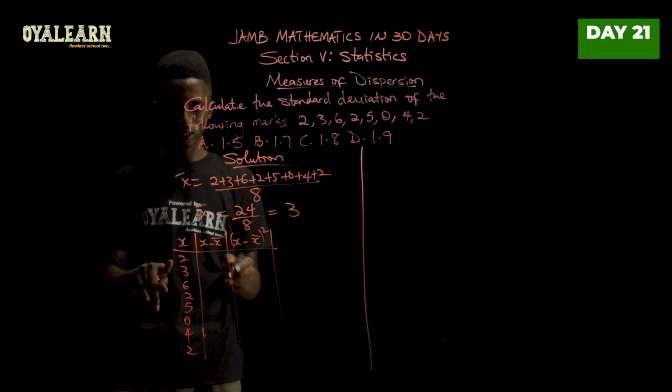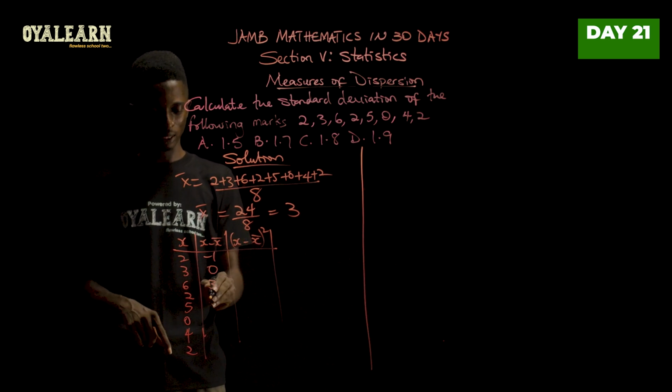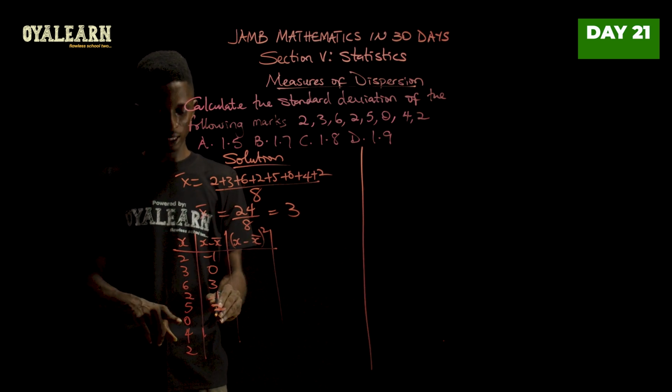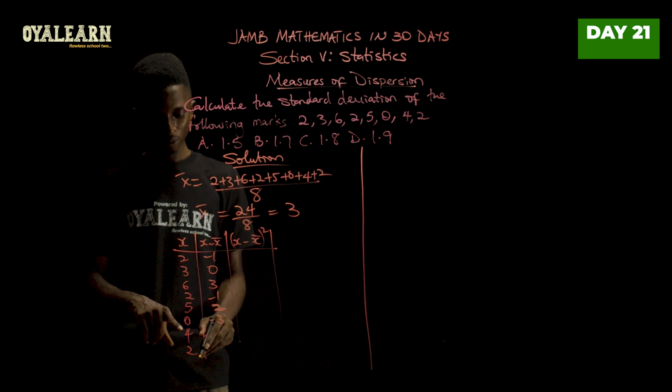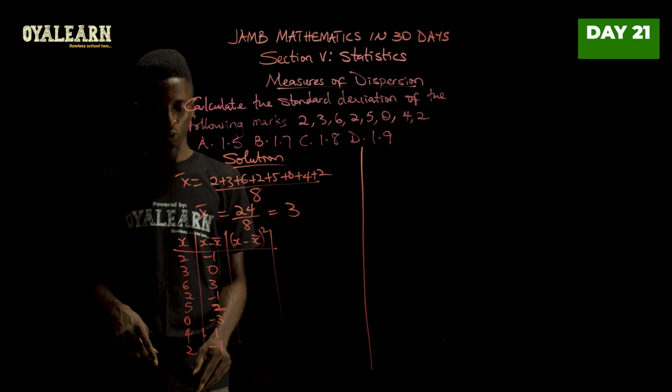Now 2 minus 3 will give us minus 1. 3 minus 3, that's 0. 6 minus 3, that's 3. 2 minus 3, minus 1. 5 minus 3, that's 2. 0 minus 3 is minus 3. 4 minus 3 is 1. 2 minus 3 is minus 1.